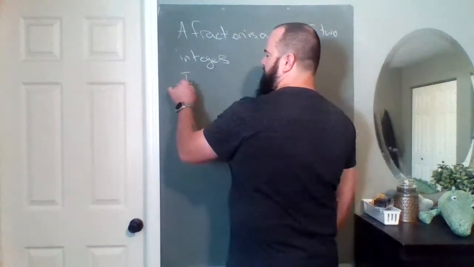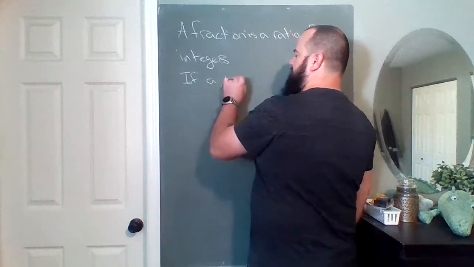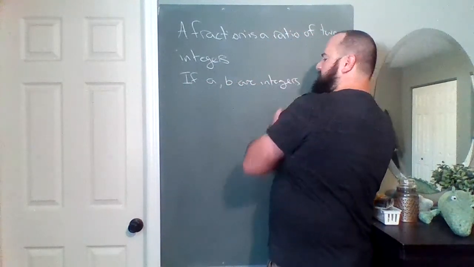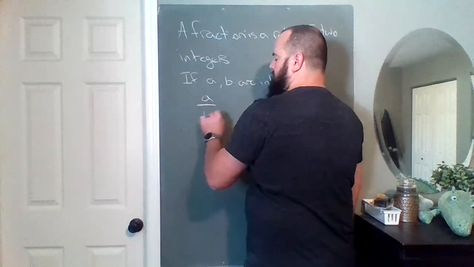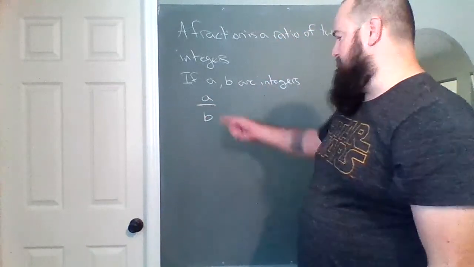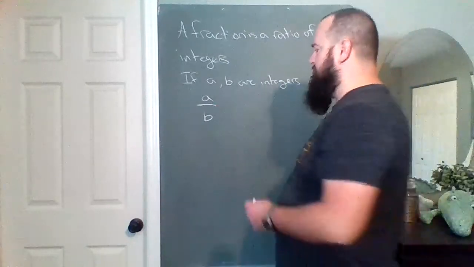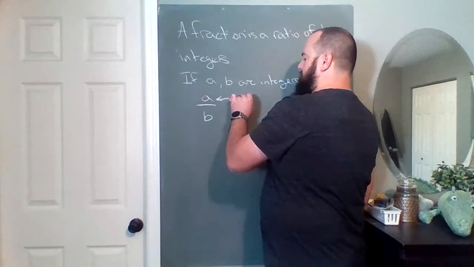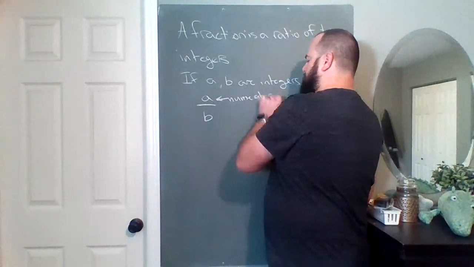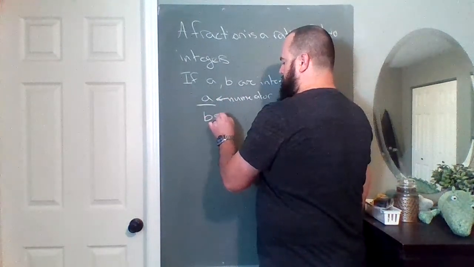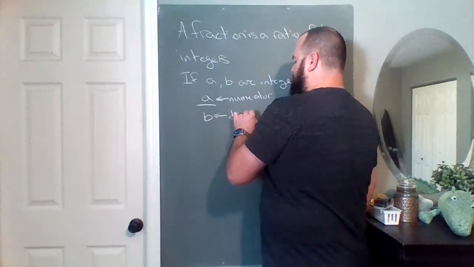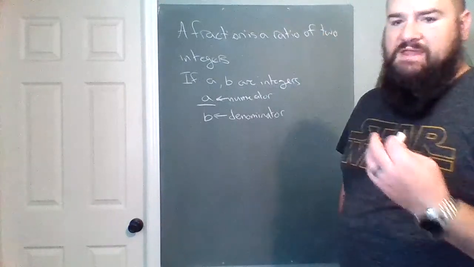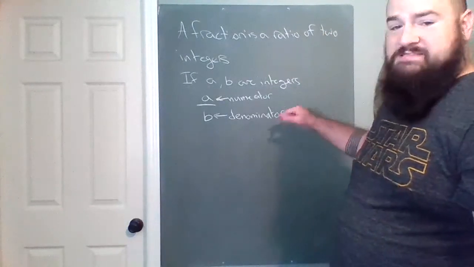So if A and B are integers, we can generally define a fraction as simply A over B. Very easy, right? And for those of us that have forgotten, A is the numerator, B is the denominator, right?